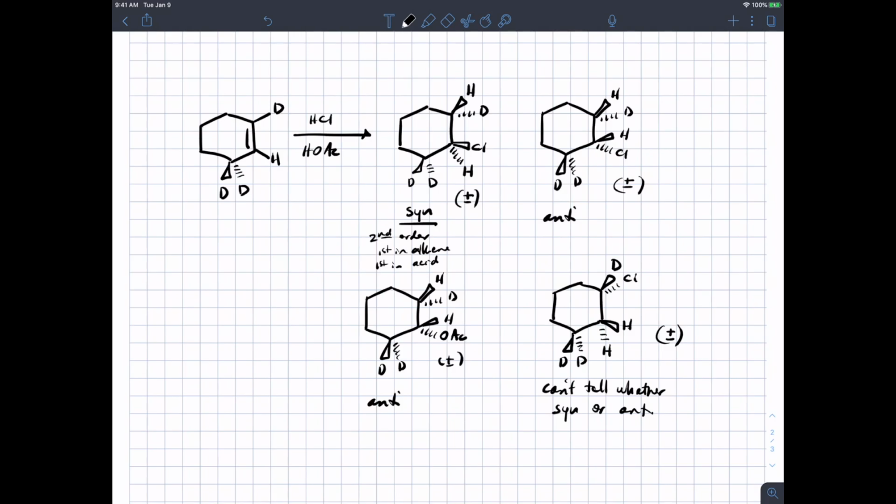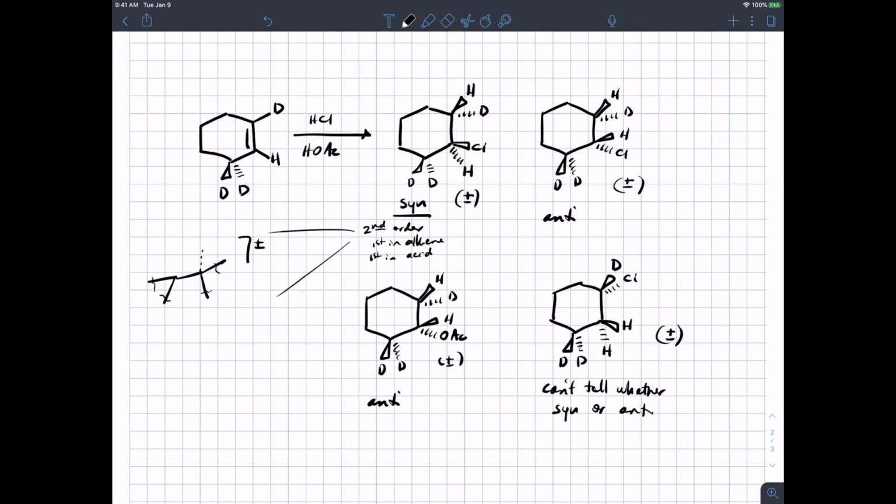Though in order to explain the syn stereochemistry, you have to invoke a transition state that would look something like this. And I'm just going to be sort of general. Those aren't methyl groups, those are just connections.